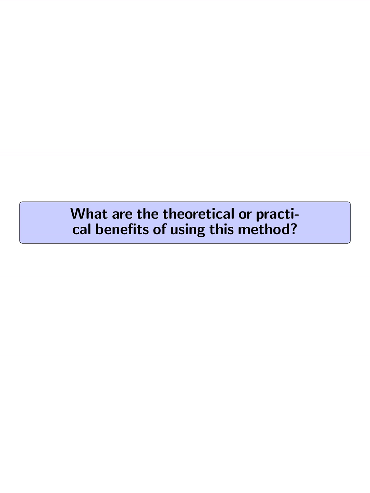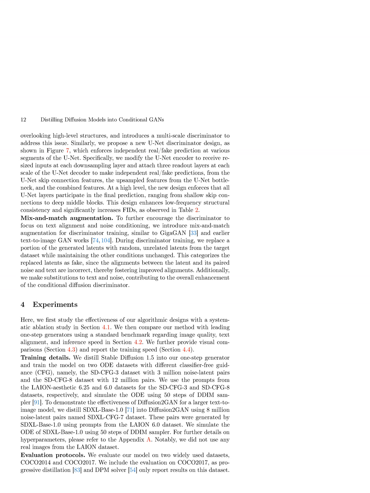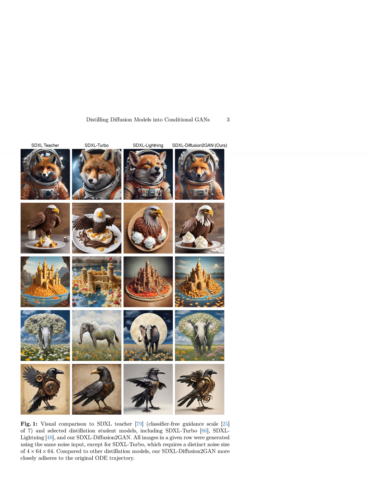What are the theoretical or practical benefits of using this method? The theoretical and practical benefits of using the Diffusion2GAN method include: 1. Accelerating inference speed while maintaining image quality. Diffusion2GAN distills a pre-trained multi-step diffusion model into a one-step generator, allowing for faster image generation without compromising on image realism. 2.